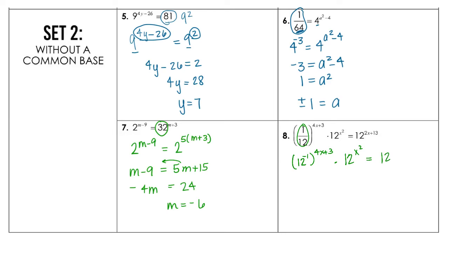And then notice I am going to have to add some of these exponents together because I am multiplying with like bases. So if I rewrite all of this without the 12s, I'm going to have a negative 4x minus 3, and then I'm going to add to that x squared. And then that's going to be equal to 2x plus 3.